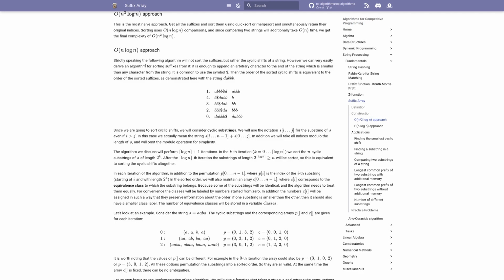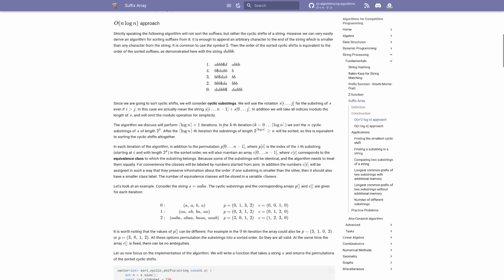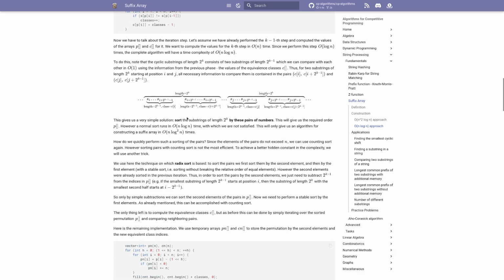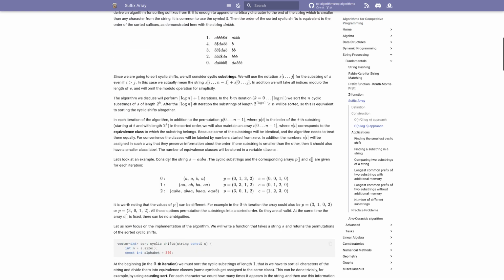Sort the pairs. Wait, what are the pairs even?